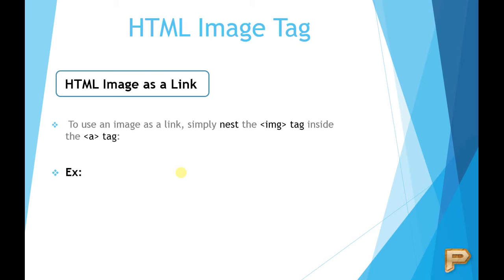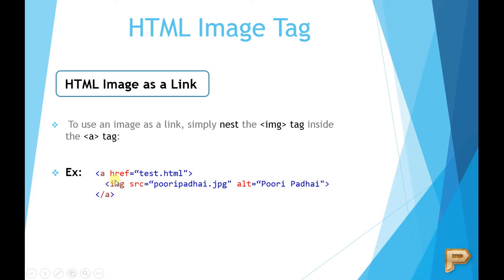To use an image as a link, simply nest the image tag inside an anchor tag. Nesting is done. This is how we can do it. It's like making a burger: in between there is a slice of img src, and the top layer and the bottom layer are the HTML hyperlink references.